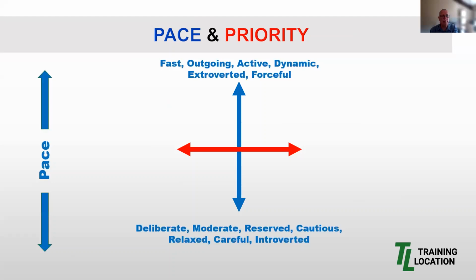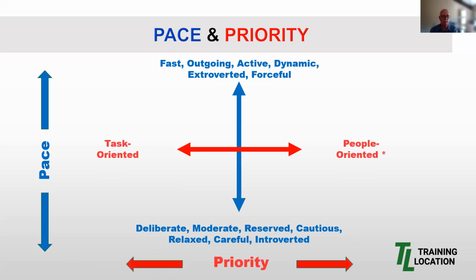The vertical axis represents pace, and we see the descriptors at the top and bottom of the pace spectrum. The horizontal axis represents priority, and we see those descriptors at the left and right of the spectrum. It's just a footnote on the right side: some use the term relationship-oriented for that end of the priority spectrum as well.